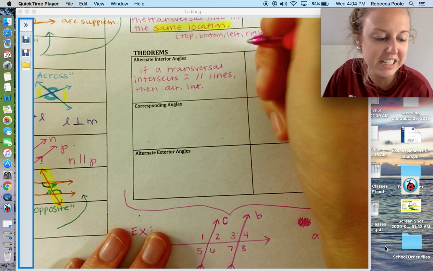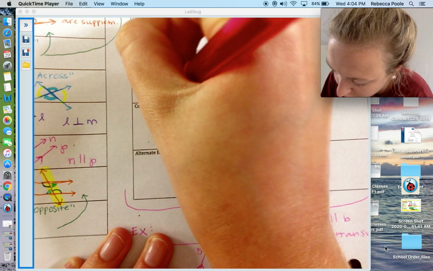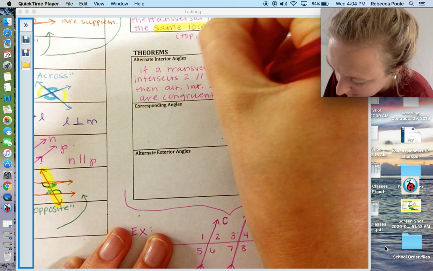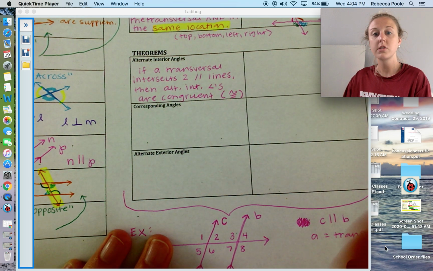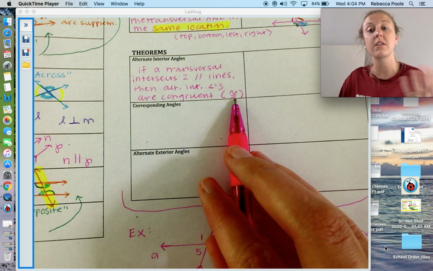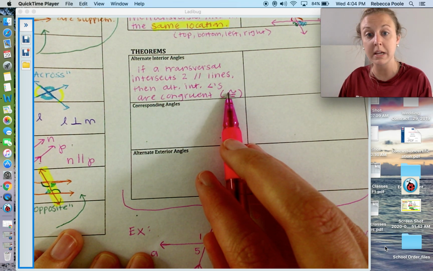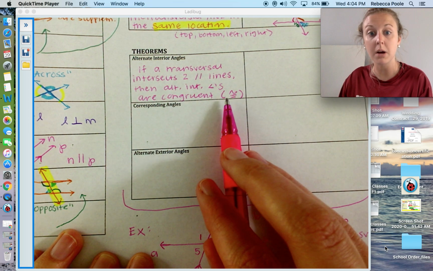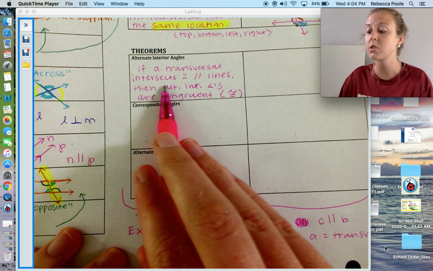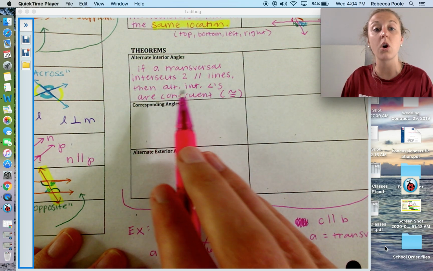Then alternate interior angles are congruent, and this is our symbol for congruent right here. Okay, so what this means is they are equal, but when we're talking about angles, we don't say they're equal because they're not numbers. So you do a squiggle, which means approximate, but they're approximately equal because we're talking about a measure, okay? So if a transversal intersects two parallel lines, then alternate interior angles are congruent.